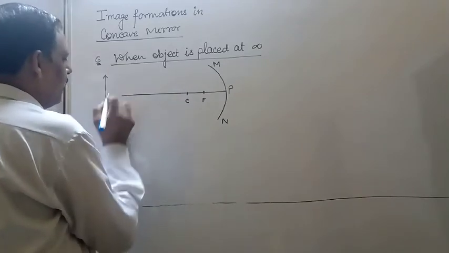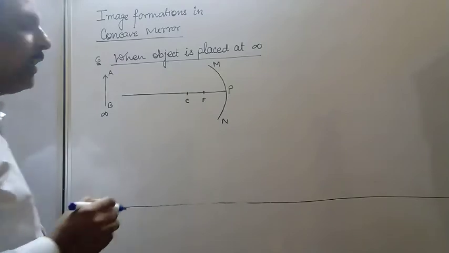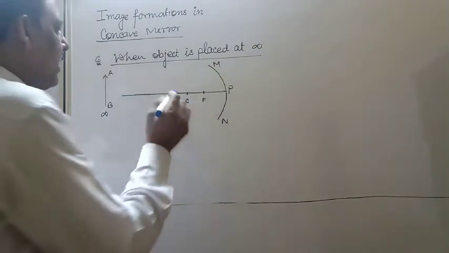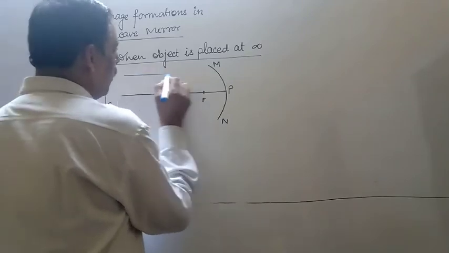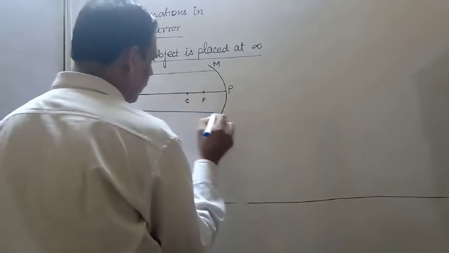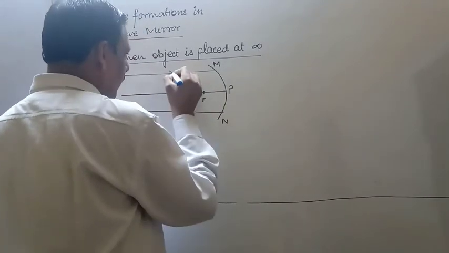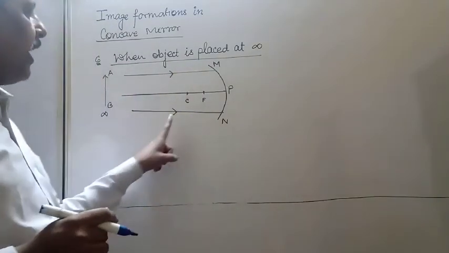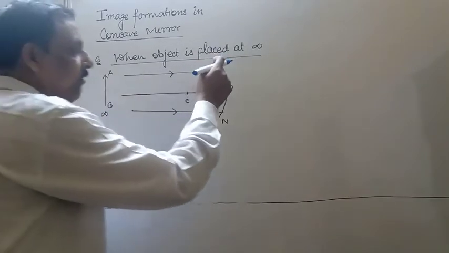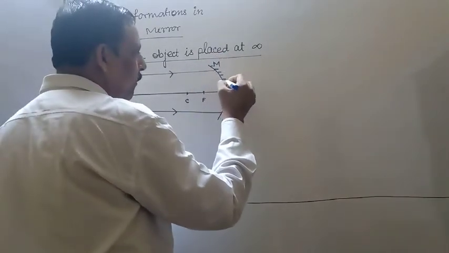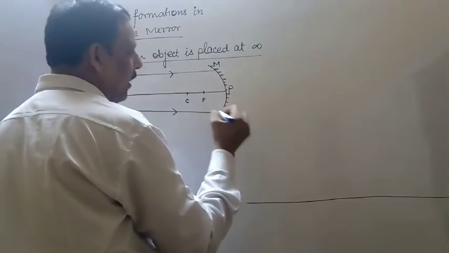Now what will happen if object is placed up to infinity here? For example, this is the size of object AB. The rays which come out from the object are parallel to the principal axis. These are the rays, and we are just showing them by an arrow. What will happen after reflection from the concave mirror?